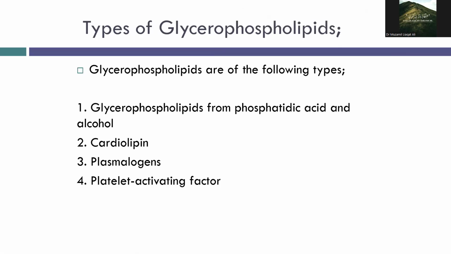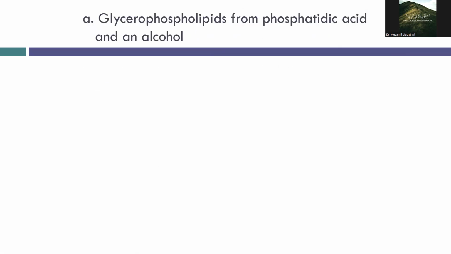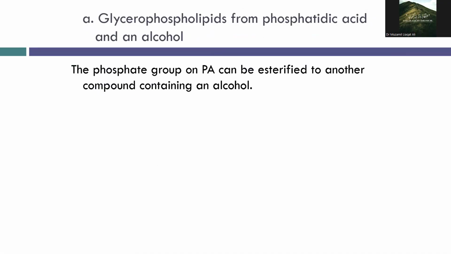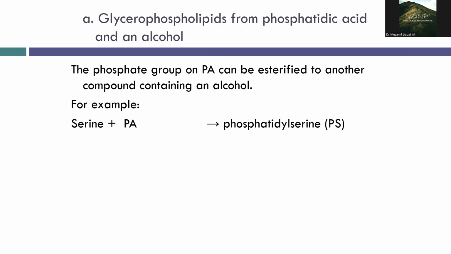The very first type is produced from the phosphatidic acid and alcohol. The examples, as we discussed earlier, are phosphatidylcholine, phosphatidylethanolamine, phosphatidylserine, phosphatidylinositol, and phosphatidylglycerol. So this is the very first type of the glycerophospholipid.